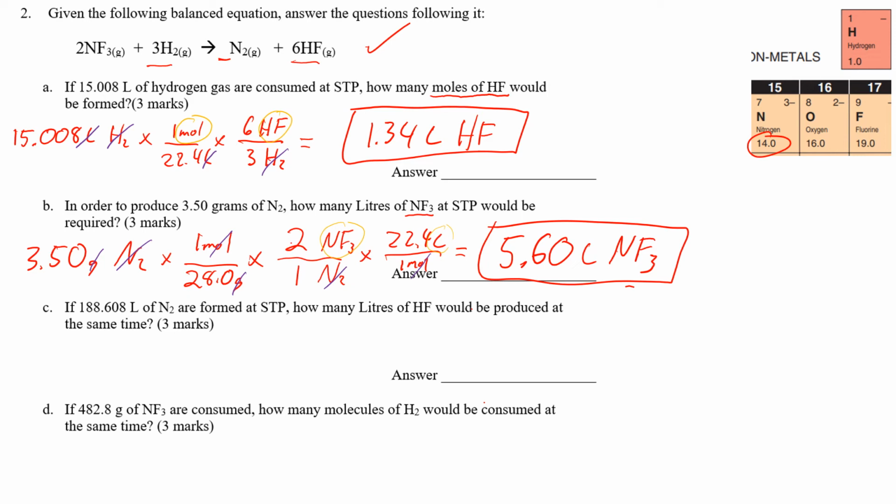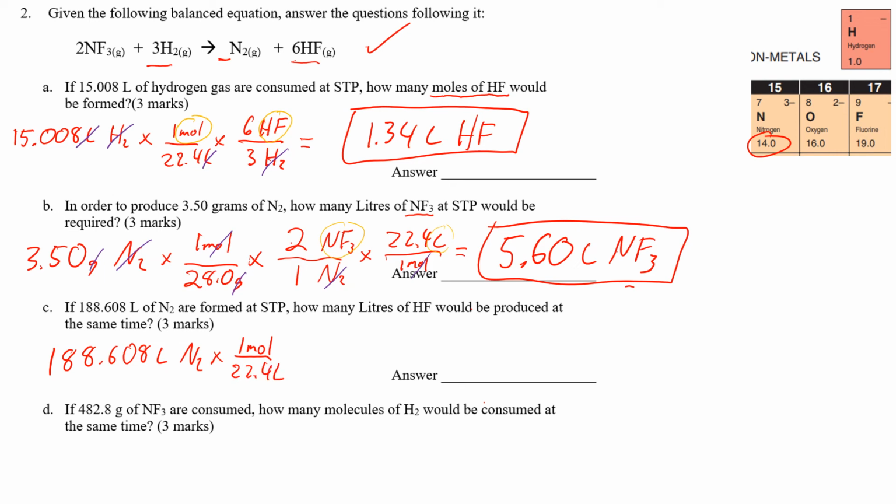Okay, almost there. This one says we start with 188.608 liters of nitrogen gas. Again, I have to turn it into moles if I want to convert it to any other chemical species. So I divide by 22.4 liters.